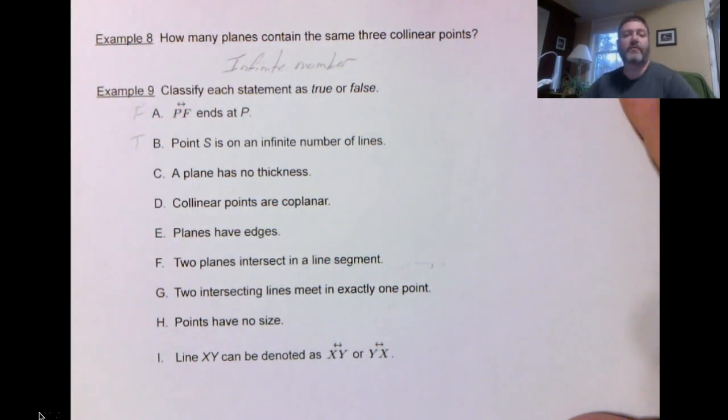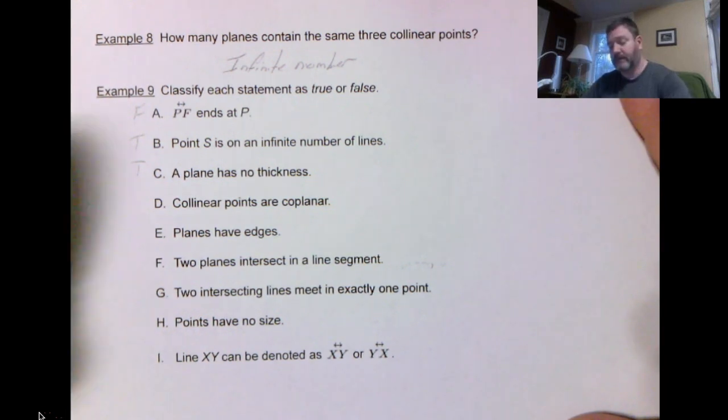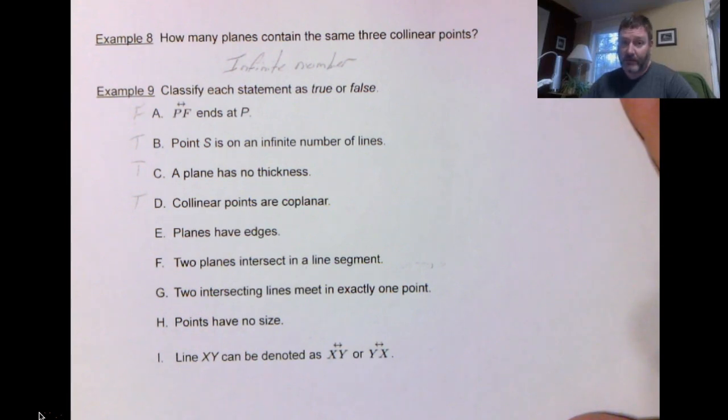There's an infinite number of lines that can go through a single point S. A plane has no thickness. That's also true. Part of the description of a plane is that it has no thickness. Collinear points are coplanar. That's true. They're contained in many planes, but they are coplanar.